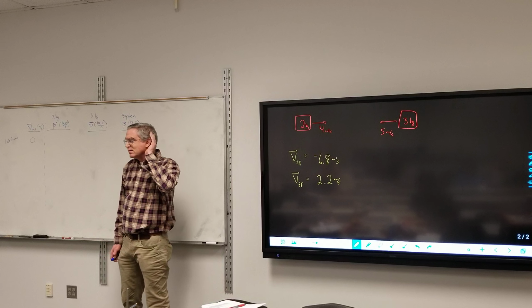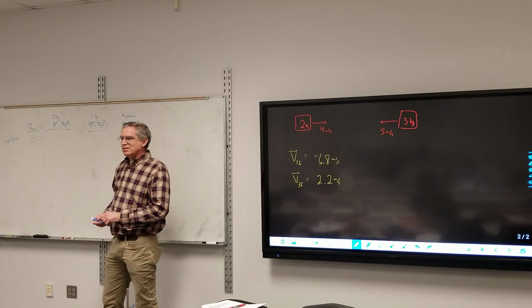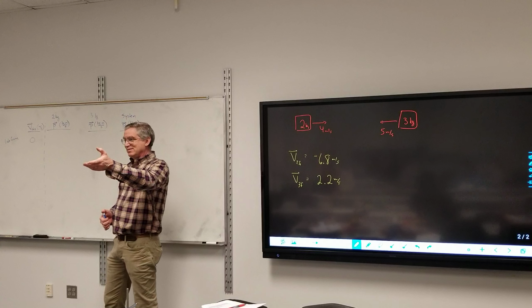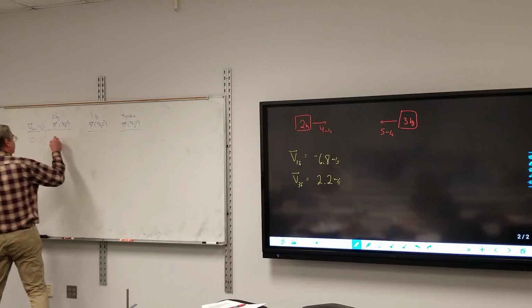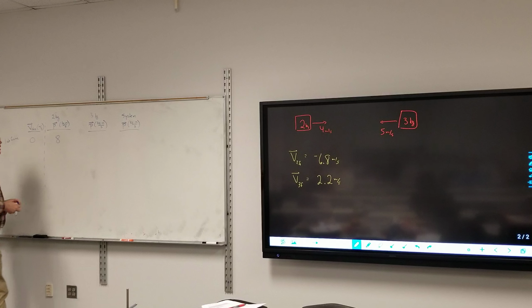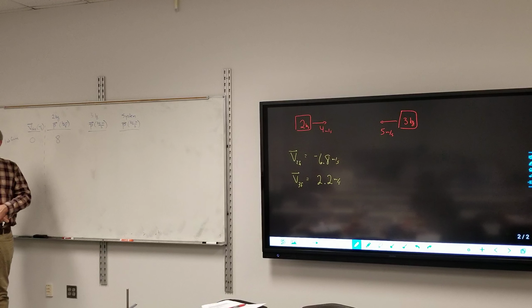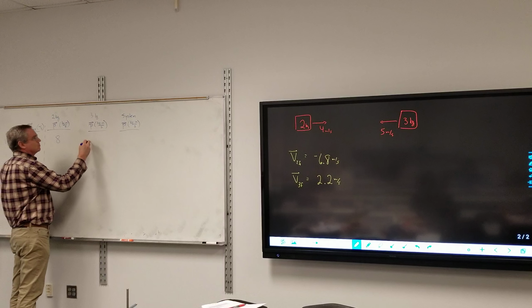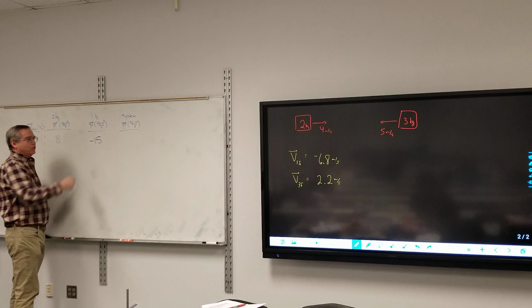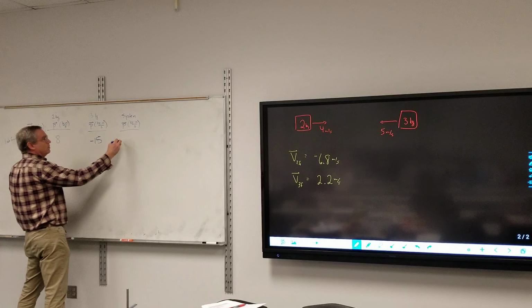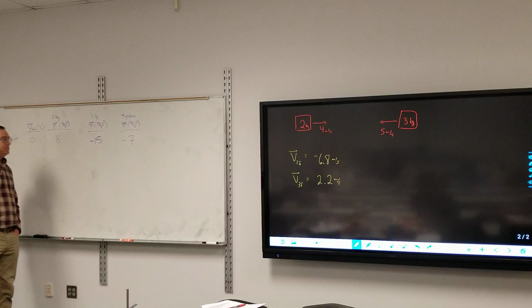8 kilograms? Is it 8 kilograms per meter? Let's get the units right. We got kilograms, meters per second. There we go. Yeah, 8. And the 3 kilogram mass? Negative. And then you get the total, which was said earlier, -7 kilogram meters per second.